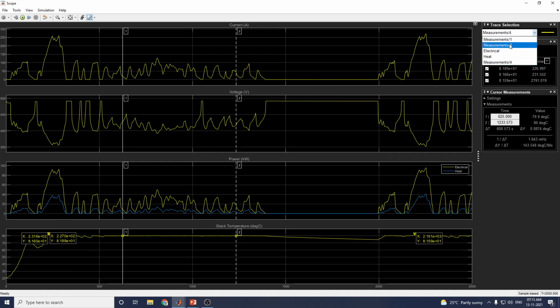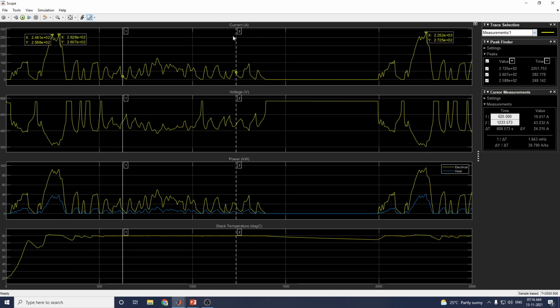Here, for example, in measurement 1, to analyze the current, the cursor is moved. What is the value of this current? Automatically the measurement unit shows in terms of current. Previously it showed the temperature value, so it gave the values in degrees Celsius. Here you can see at which place what the current is, by using this trace selection block.